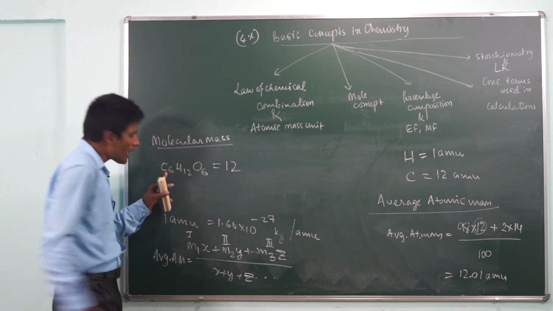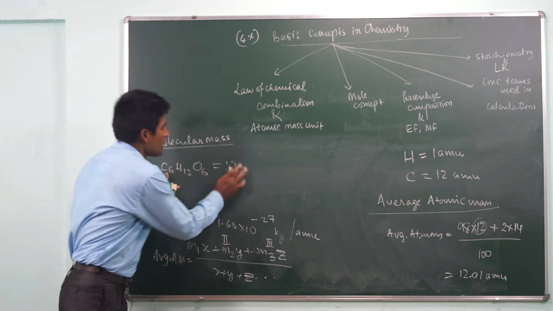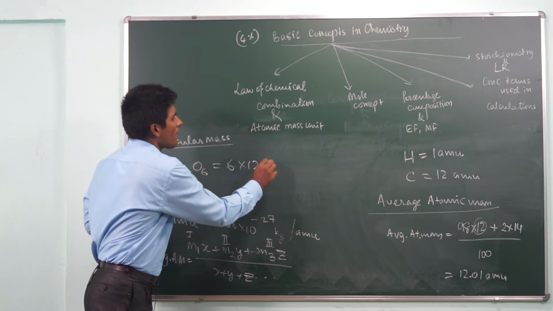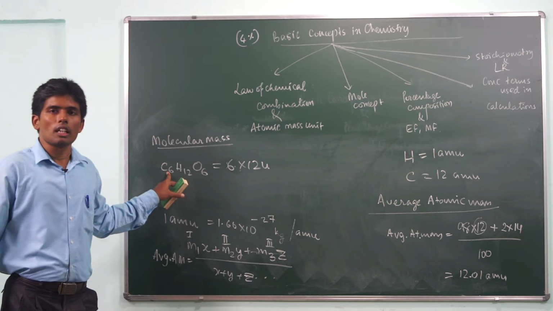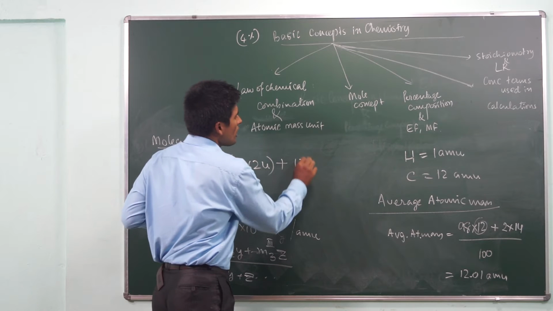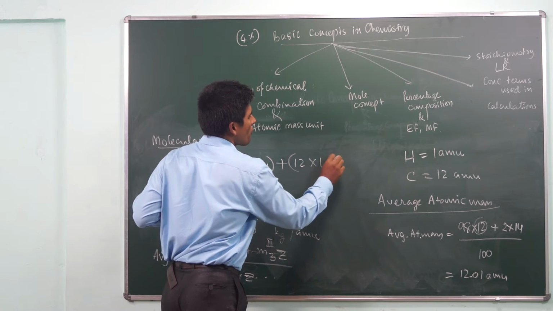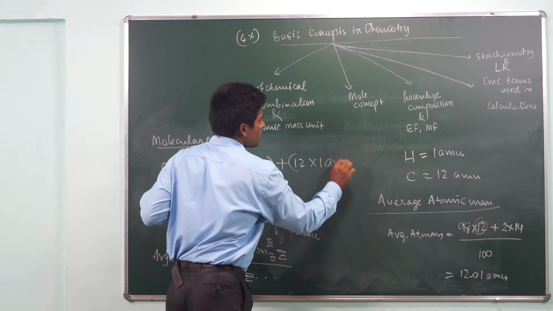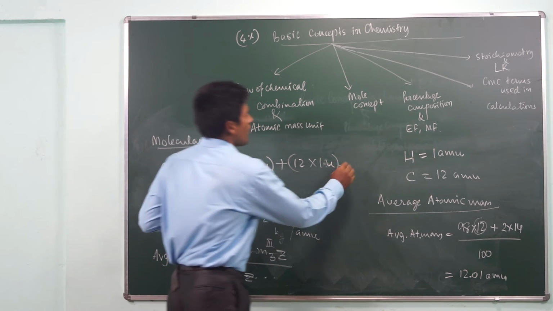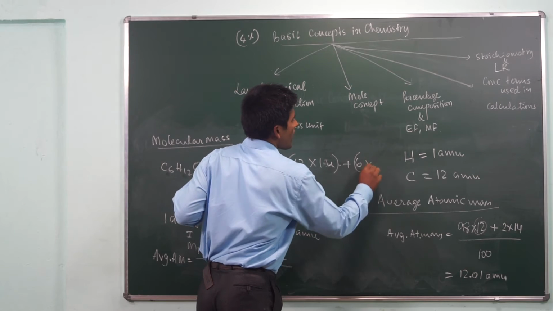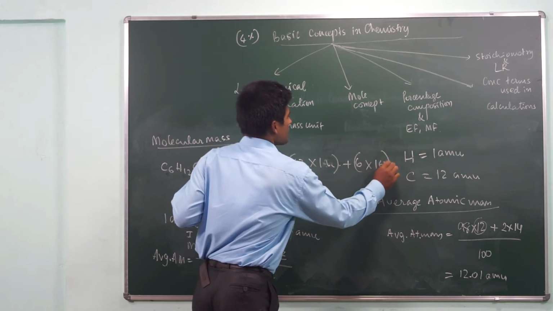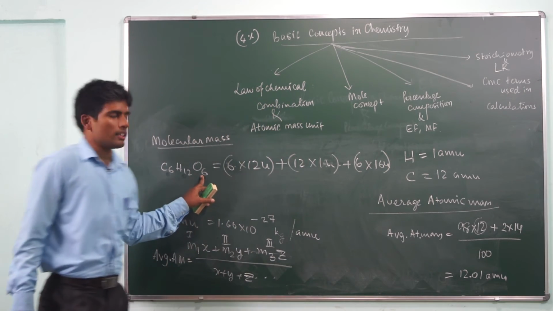We have 6 carbon, each having a mass of 12 atomic mass units, plus I have 12 hydrogen, each having a mass of 1 AMU, that is atomic mass unit, and we have 6 oxygen, each having an atomic mass of 16 atomic mass units.